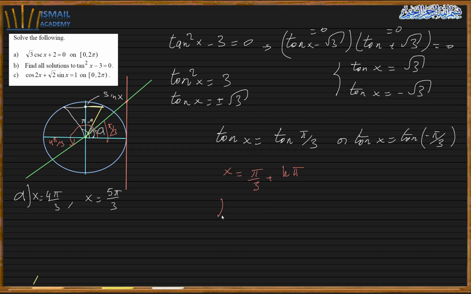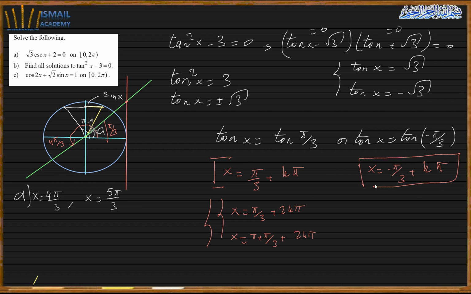So this combines both equations, either x equal pi over 3 plus 2k pi, or x equal pi plus pi over 3 plus 2k pi. So just this answer combines those two. So we don't use those two, we use this one. And here I will have the same thing. I will have x equal minus pi over 3 plus k pi. So those are my final answer. So I don't have to use this, because those two are combined in one answer here.